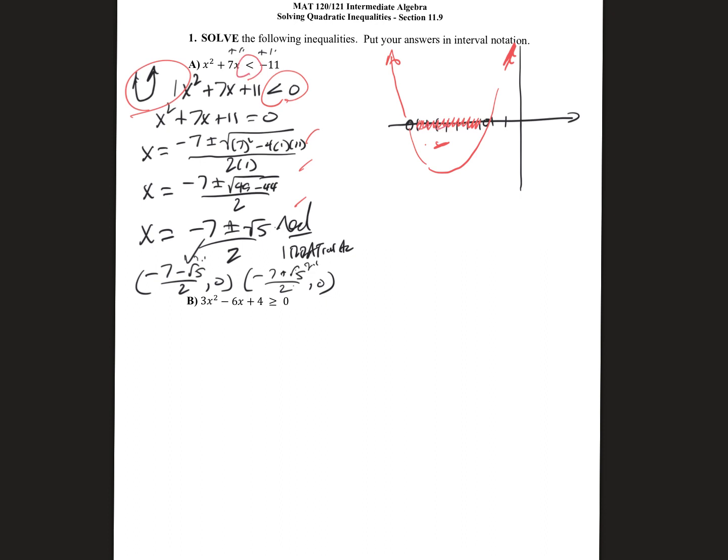So my solution would be the open interval from negative 7 minus the square root of 5 over 2, to negative 7 plus the square root of 5 over 2. Starting at that zero to that zero and everybody in between is what that is telling us.